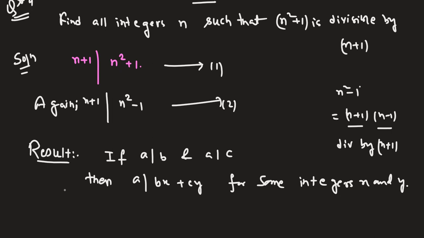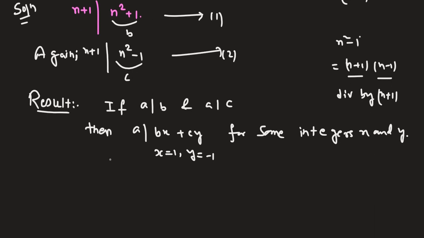So here I cleverly choose, suppose this is my B, this part is C. So I am choosing x is 1 and y is minus 1. This is our C and this is our B.